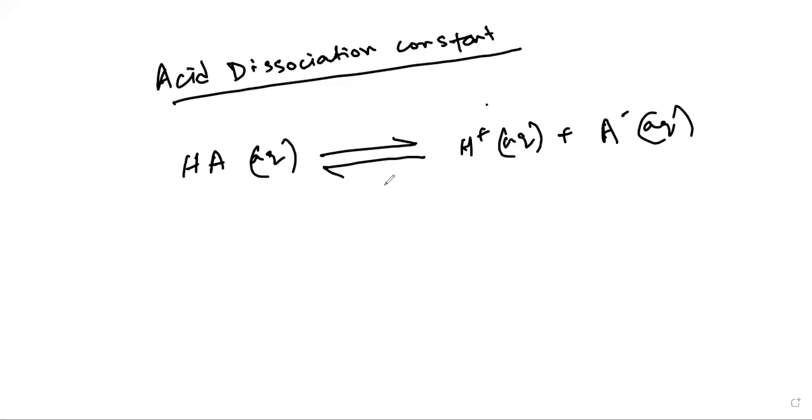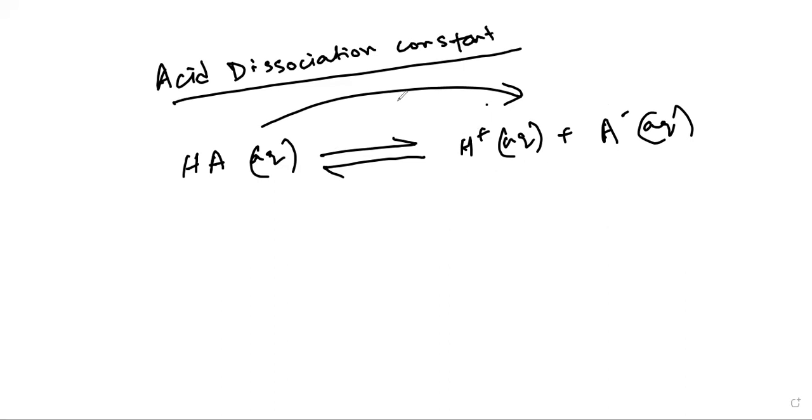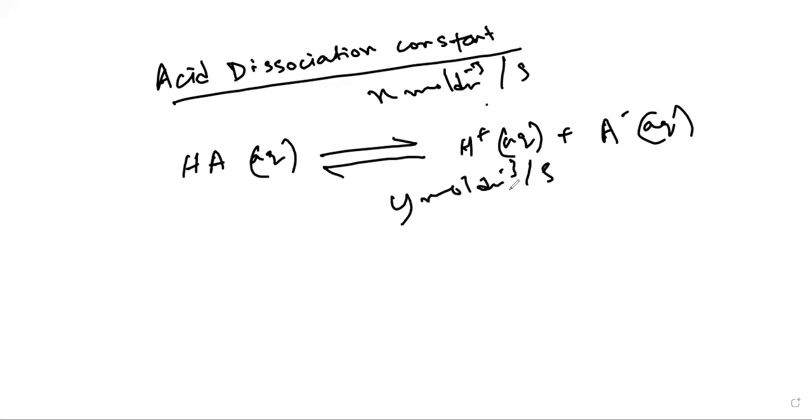Meaning the forward reaction, the production of H plus and A minus ions from HA, has a certain value, let's say x mole per dm cube per second, and the reversible reaction has a rate of, let's say, y mole per dm cube per second.